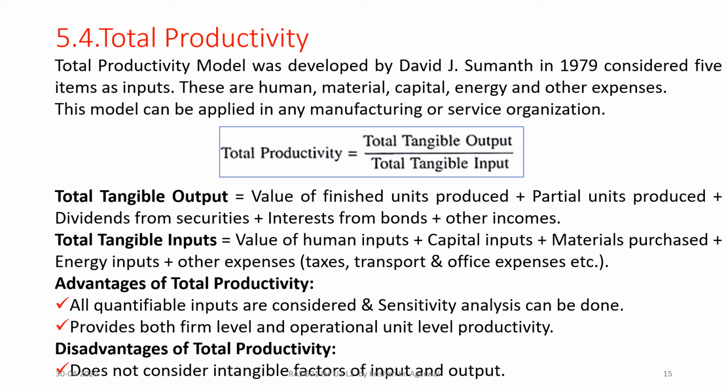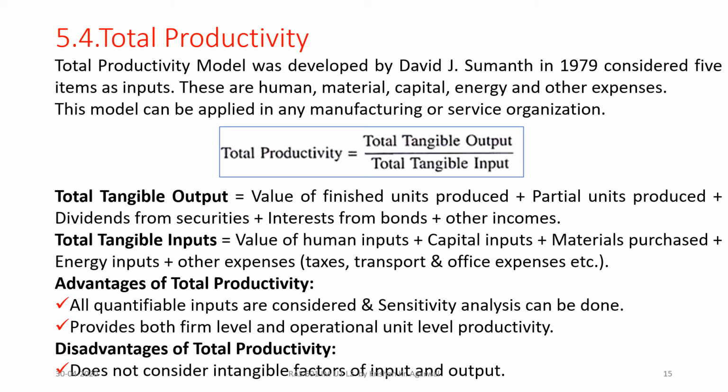This is the biggest drawback of this particular analysis, that it doesn't consider any intangible factor of input as well as output. Rest all are advantages, like all the quantifiable inputs are considered in order to calculate the productivity, and so the sensitivity analysis can be done easily, and it provides both firm level as well as operational unit level productivity.